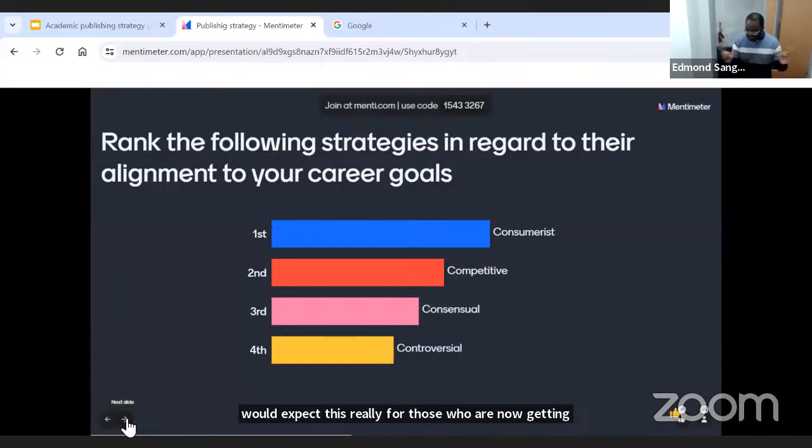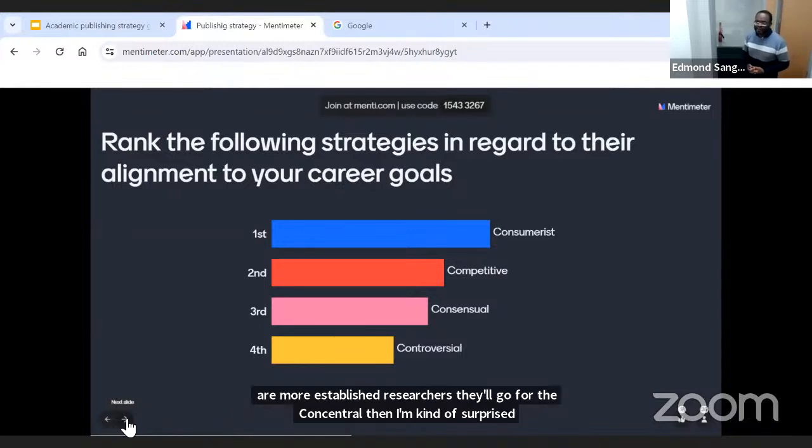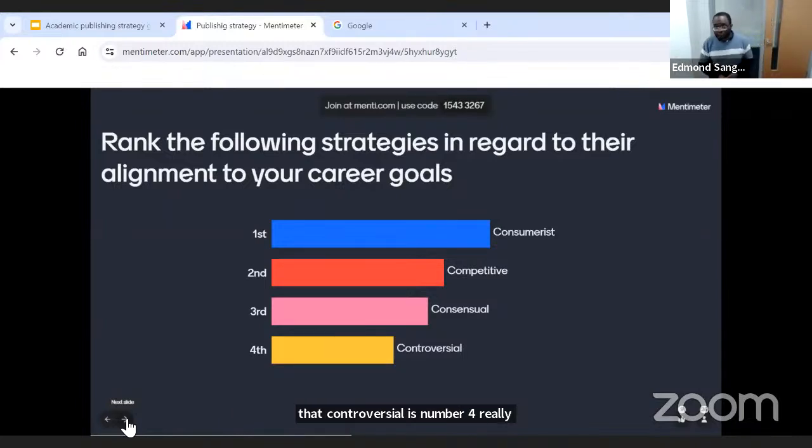Then I'm kind of surprised that controversial is number 4, really. I would expect controversial to be number 1 because, you know, when you walk into science, you want to break new grounds, right? You want to do something daring, something that is going to change how we look at things.